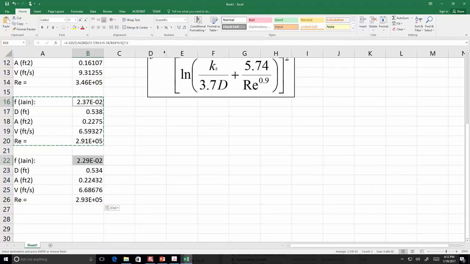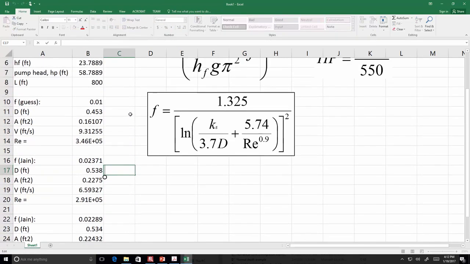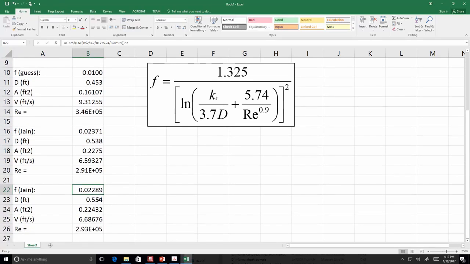Okay, so here's the F values. So they're not changing as much. The first one went from 0.01 to 0.023, then it's a smaller adjustment in the second step, and if you look at the diameters, it's just sort of a minor convergence.